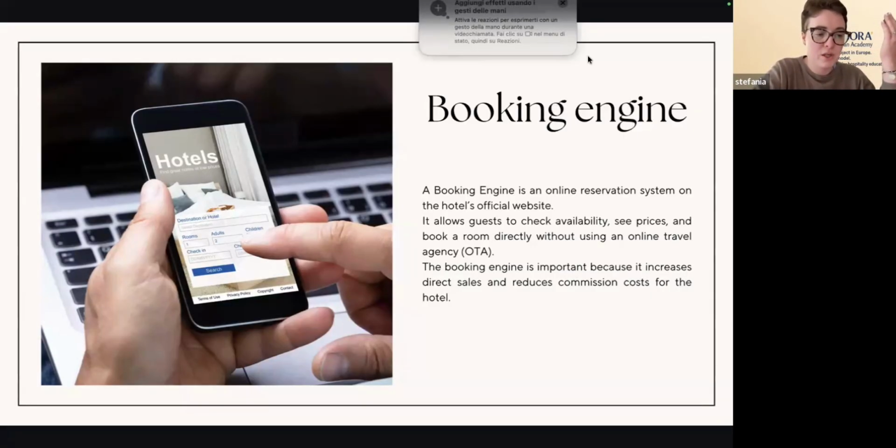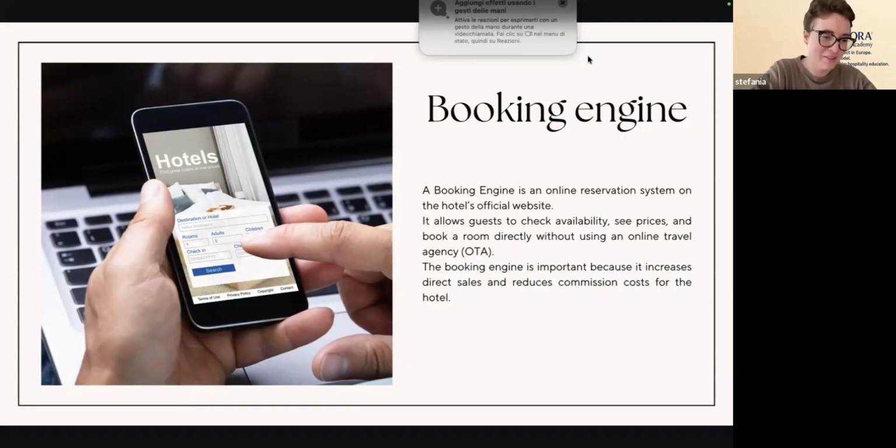So when you are going to book your vacation on Booking.com and you pay 200 euros, you know that the hotel doesn't earn 200 euros for your stay. It has to pay, for example, 20 euros commission. That's why they usually give you a better rate if you book directly.